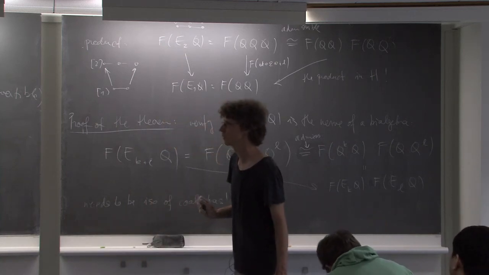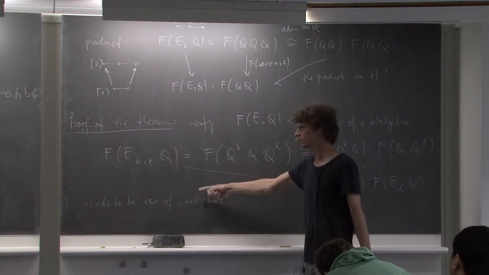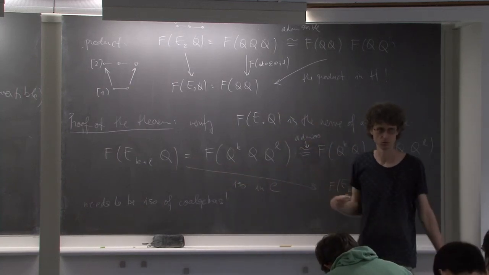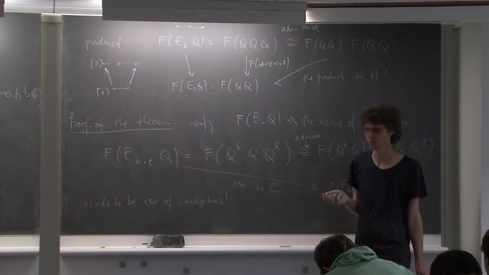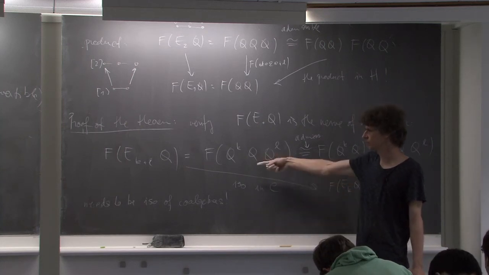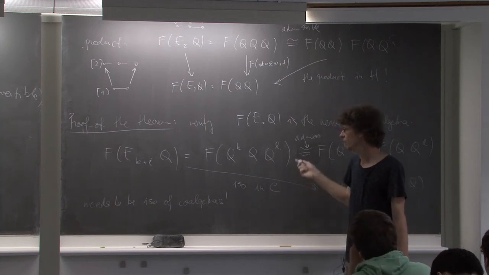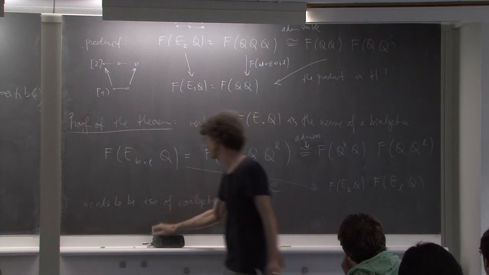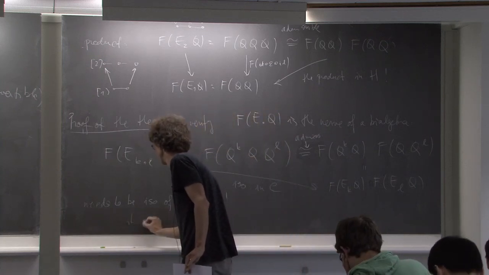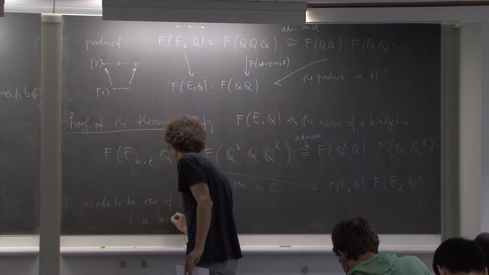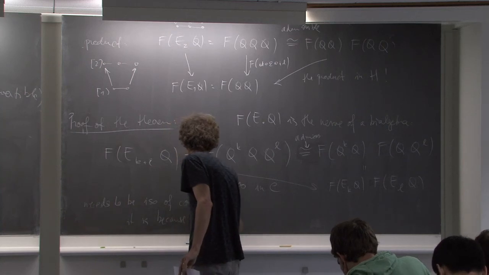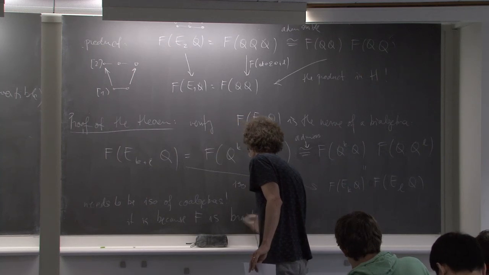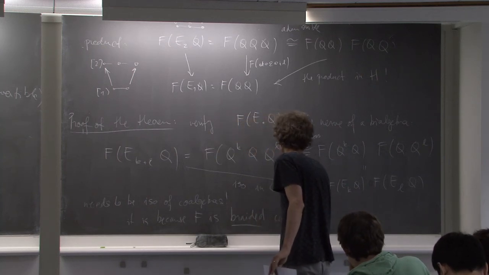And okay, I'm sort of out of time, so what I'll tell you. One needs to verify this is a morphism of coalgebras, that one can exchange with the coproduct, so to say. To do it, one just uses, again, some commutativity. It is because F is braided comonoidal.